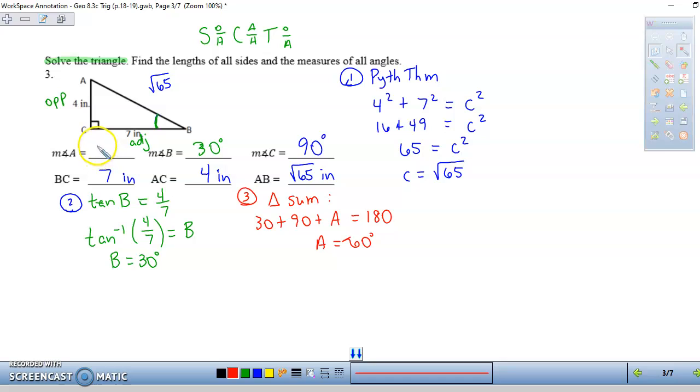So the measure of angle A is going to be 60 degrees. That is always going to be the easiest way to figure out your third angle. This is always the easiest way to find the third side. So really just somewhere in between, you are going to have one trigonometry problem to figure out either an angle or a side to help yourself. Okay.